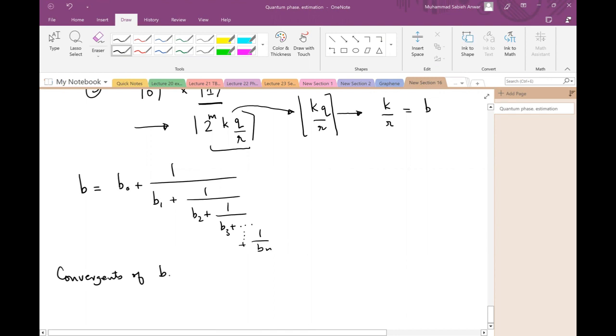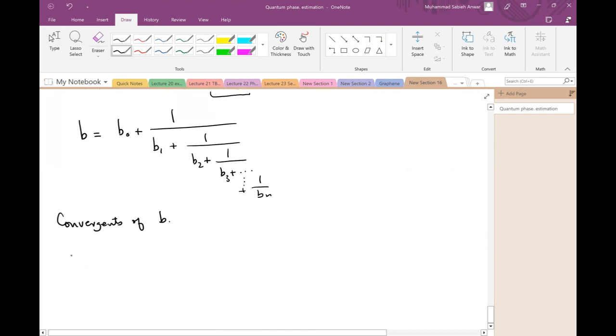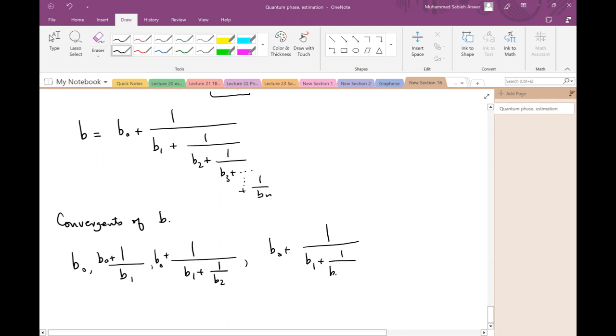And the convergents of b will be, of course, b0, sorry, b0 plus 1 over b1, then b0 plus 1 over b1 plus 1 over b2, then b0 plus 1 over b1 plus 1 over b2 plus 1 over b3, and so on.